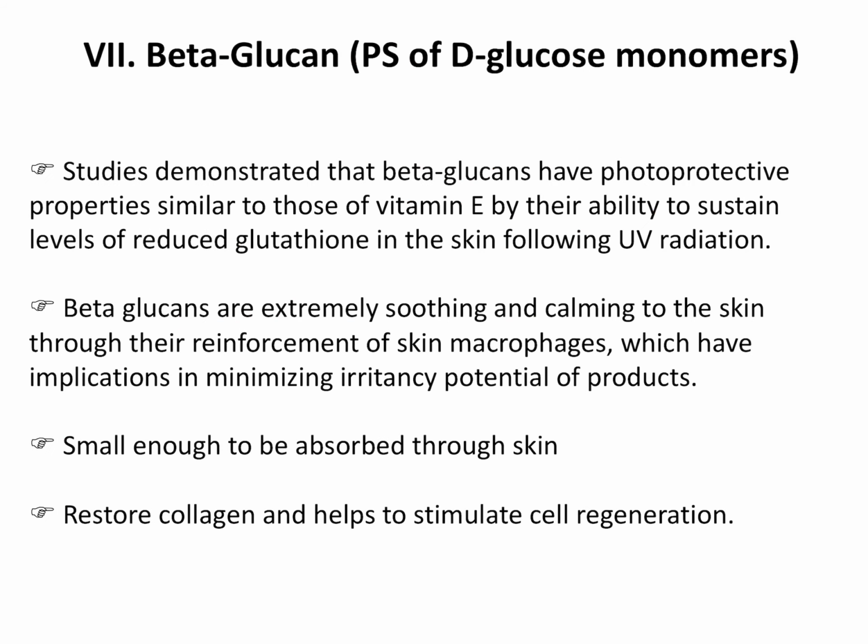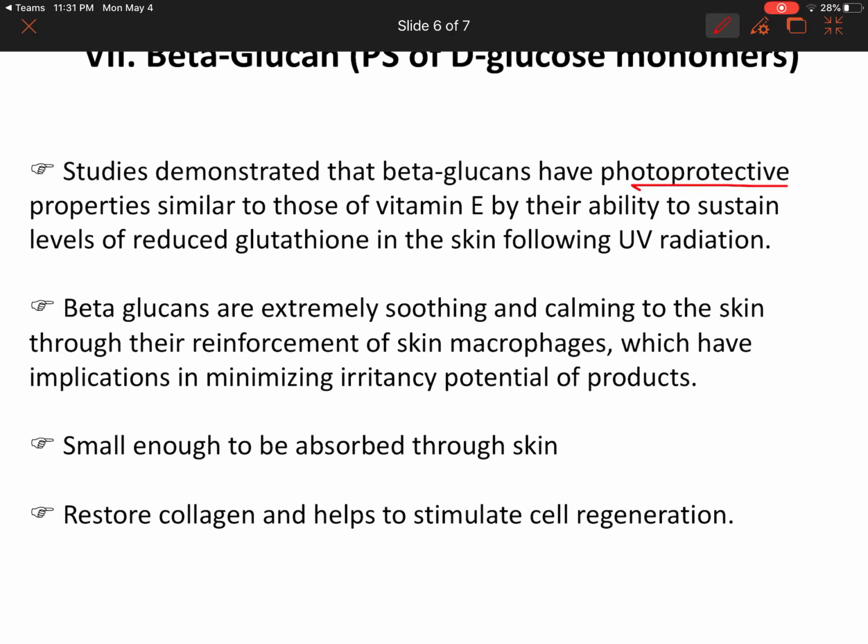Now, there is another study on beta glucan demonstrating that they also have photoprotection property, similar to vitamin E, because they have the ability to sustain levels of reduced glutathione in skin following UV irradiation.